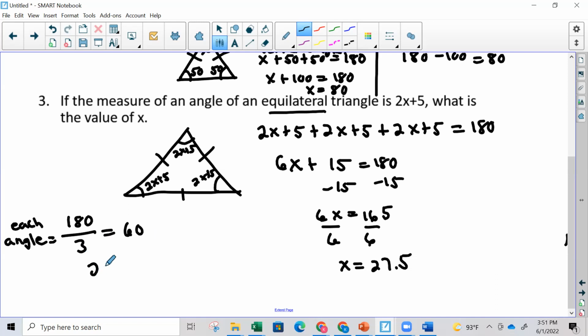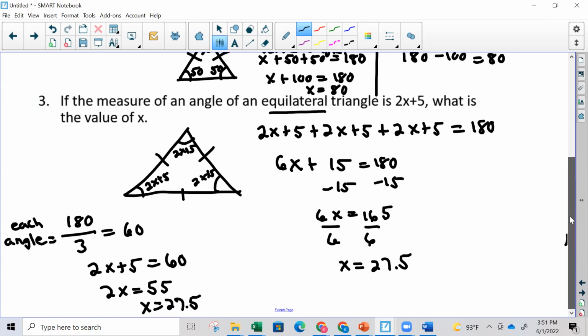And therefore we know 2x plus 5 has to equal 60. And then we have 2x equals, we subtract 5 and get 55. And then we do 55 divided by 2, which is also 27.5.